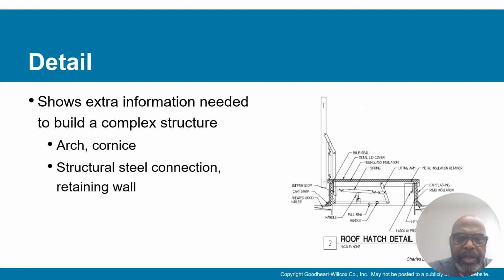Detail plans are a very small portion to give us more details of how the architect or the engineer wants you to see how it is constructed, how it's put together, just knowing how it is located at a certain point. It doesn't give you everything around it, but what is particular and pertinent to that section.